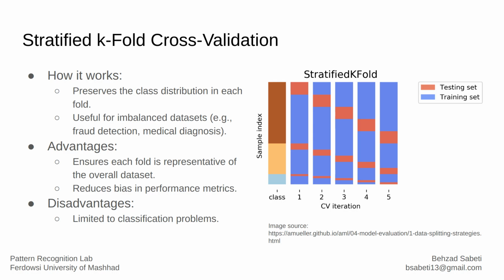The advantage of stratified k-fold is that it reduces bias in performance metrics for imbalanced datasets. However, it's limited to classification problems. And here's a visualization of the stratified k-fold. As you can see, we have imbalanced datasets, and imbalanced datasets are seen in medical cases, so common.